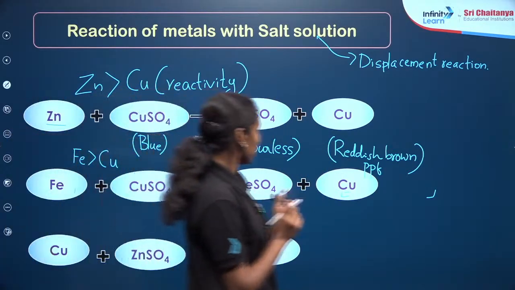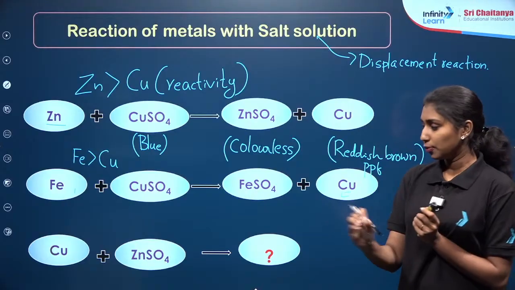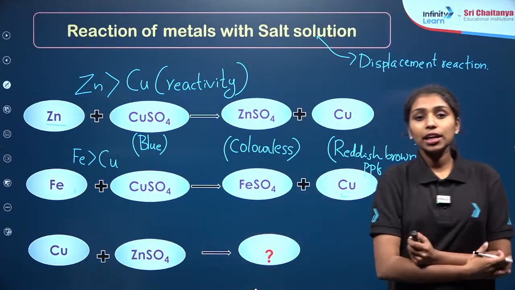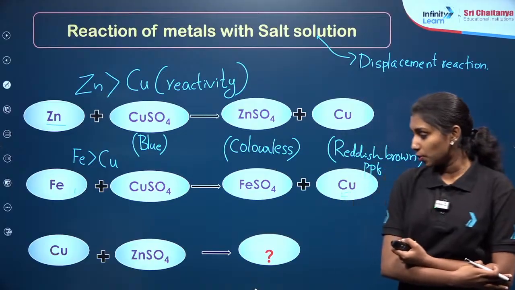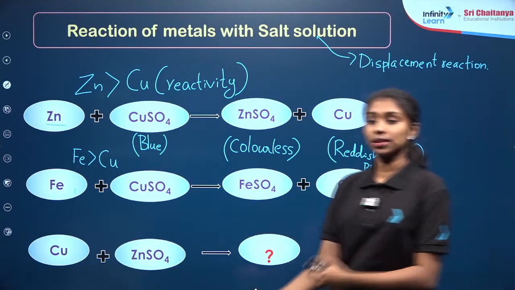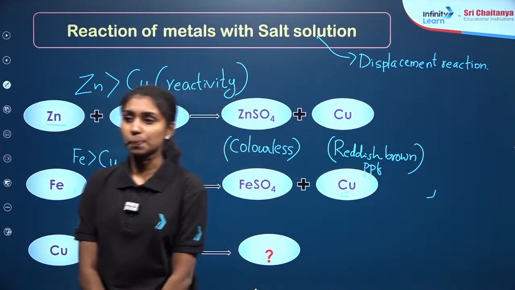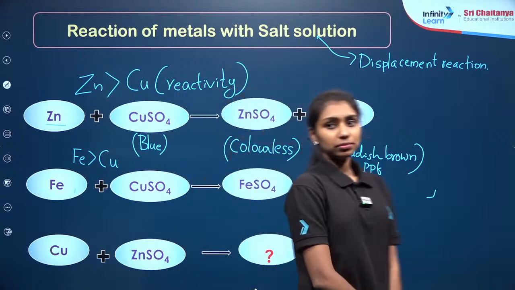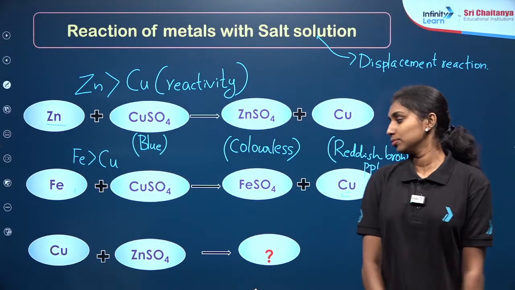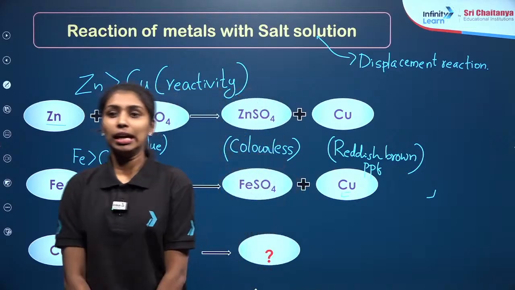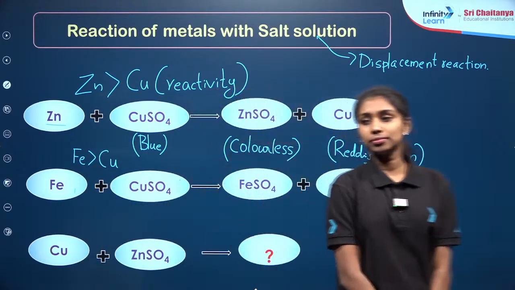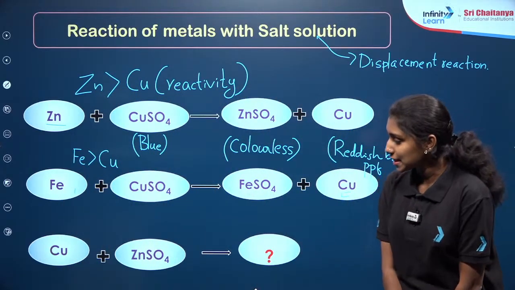Okay, fine. Now, there is another question for you. If I am taking copper plus zinc sulfate solution, what will be the product you are expecting? The answer is itself there in the slide.